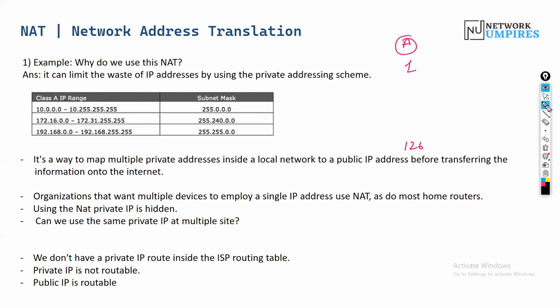So we have 1, 2, 3, 4, 5, 6, 7, 8, 9, and then 10. We skip this 10 and start from 11, 12, 13, 14, 15, 16, 17, 18 till 126.